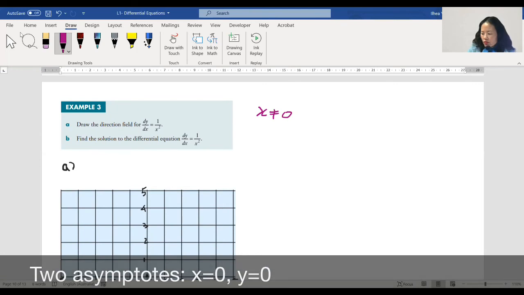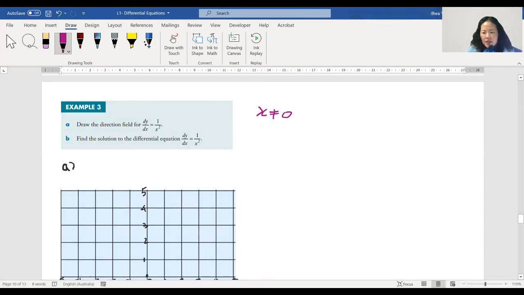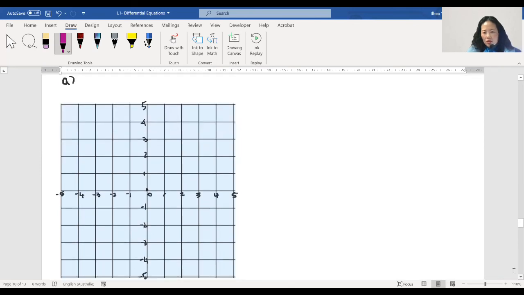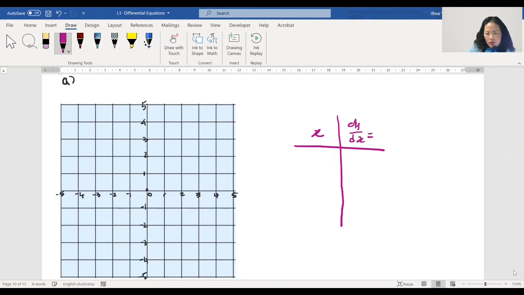So I'm going to draw the direction field, and to do that, I'm going to use a table. I think a table is the simplest and the easiest way to do this. So I'm going to sketch just 2 parts, just like what we did before. So I'm just going to go x, dy/dx equals 1 over x squared.